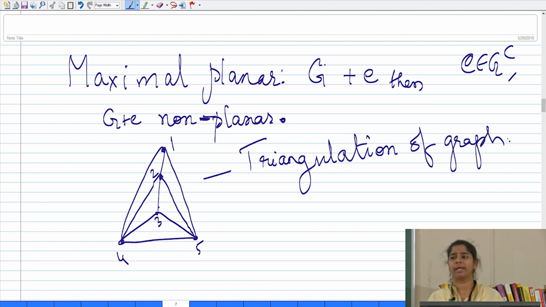Any maximal planar graph is going to be nothing but a triangulated graph, and whichever graph we are talking about would be a subgraph of a maximal planar graph.